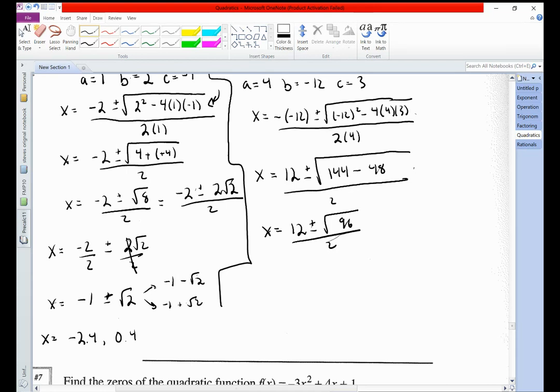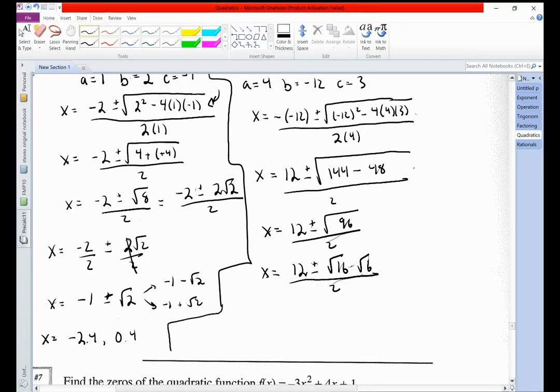So just be careful and do this process nice and slow and double check everything. We can rewrite 96 as root 16, root 6. Sorry, I wrote that wrong. Root 16, root 6, all over 2.